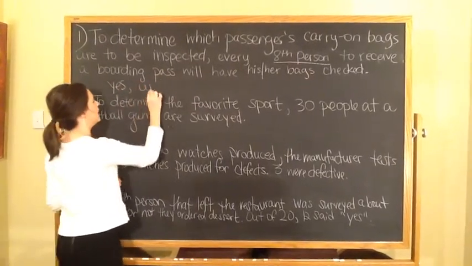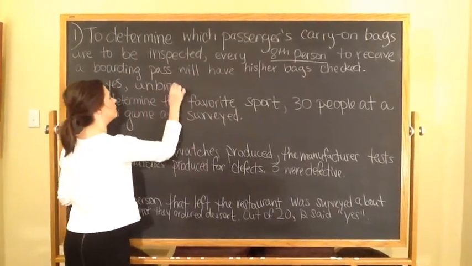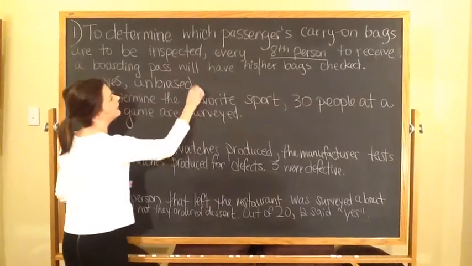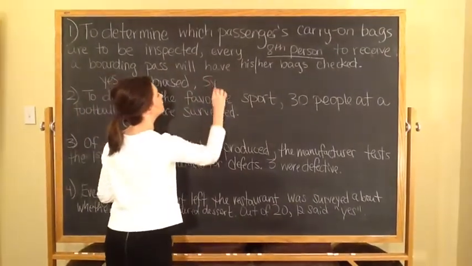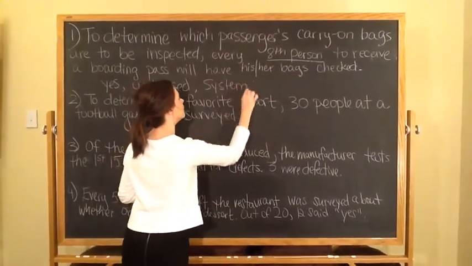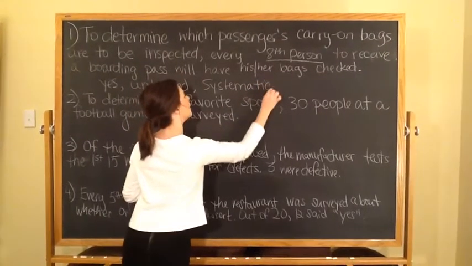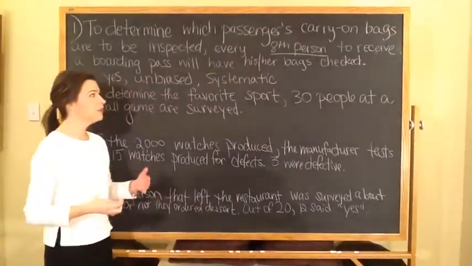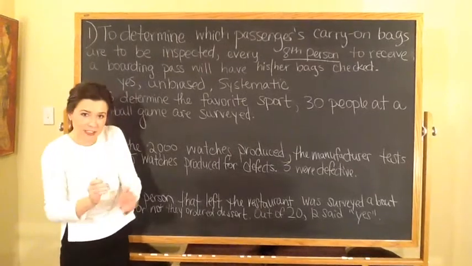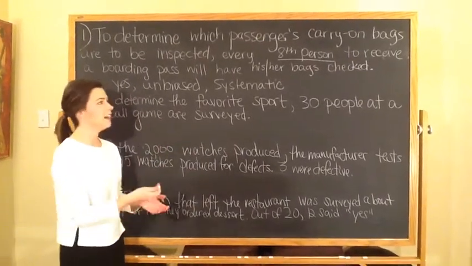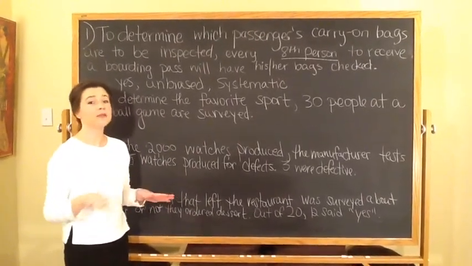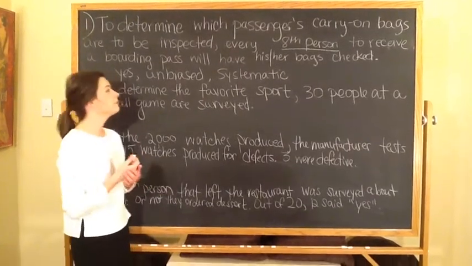It is unbiased, and it is systematic. The good thing about that is, unless you literally placed a special person at every 8th spot, it's going to be completely random, so you're going to get a good sample.